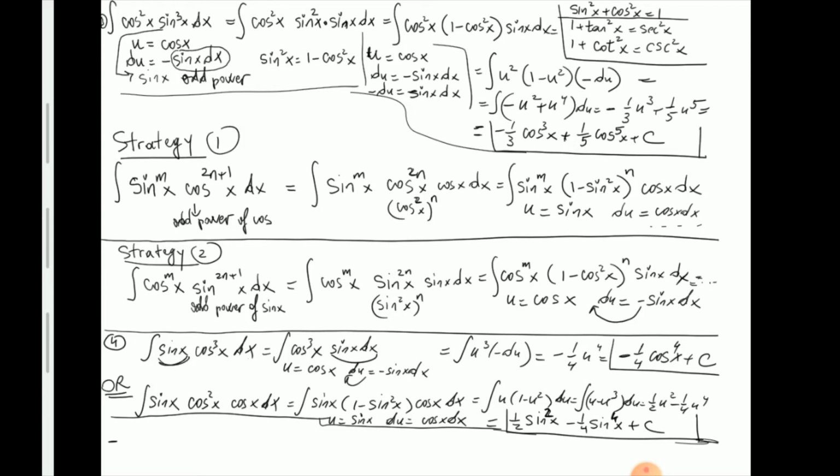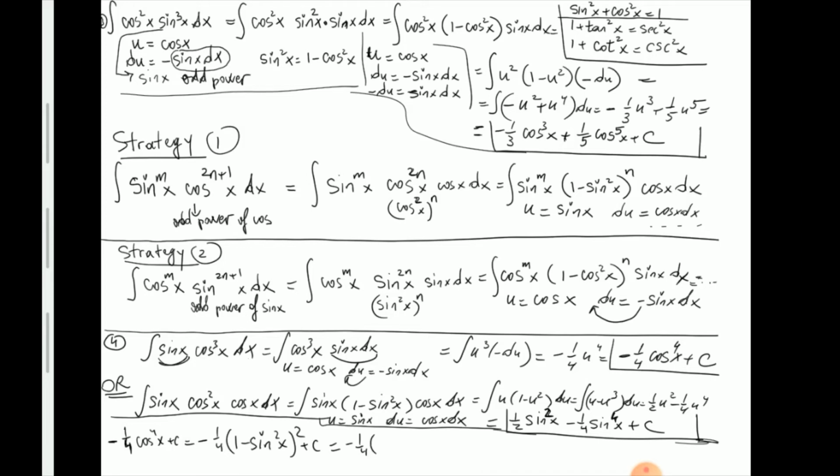If I take the first version of the answer, minus 1/4 cosine fourth plus a constant, and I replace cosine squared with 1 minus sine squared, so it's going to be 1 minus sine squared squared, right? Because I replace sine squared. And I do this messy algebra.